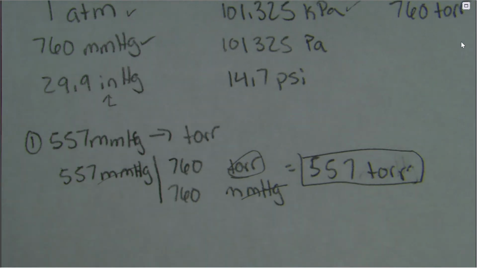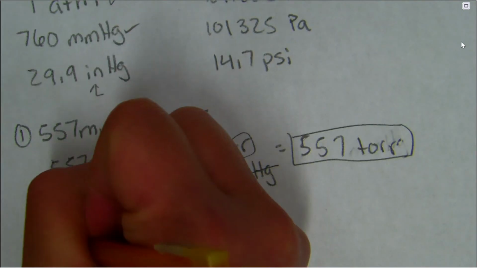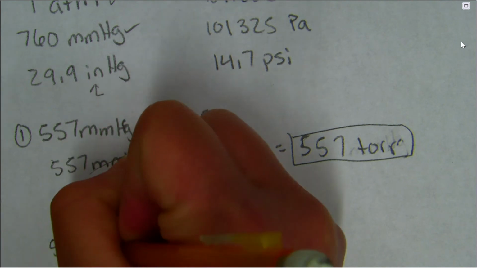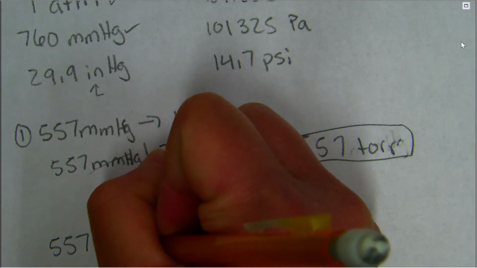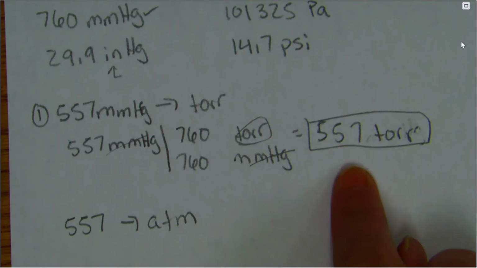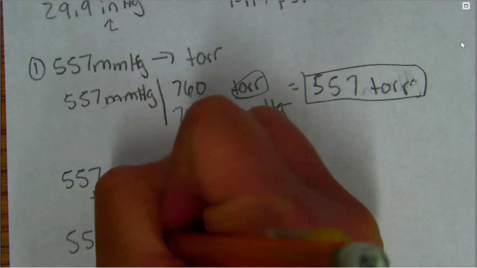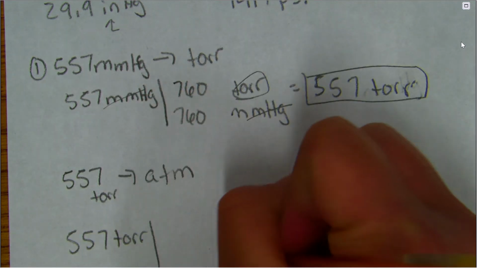So on the next one, if we have 557 torr, our worksheets ask us to go to atmospheres. So 557 torr, if torr is on top, it goes on bottom.